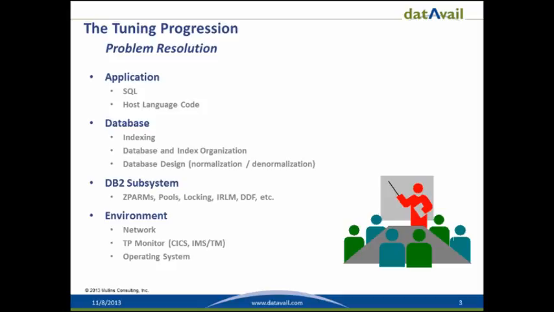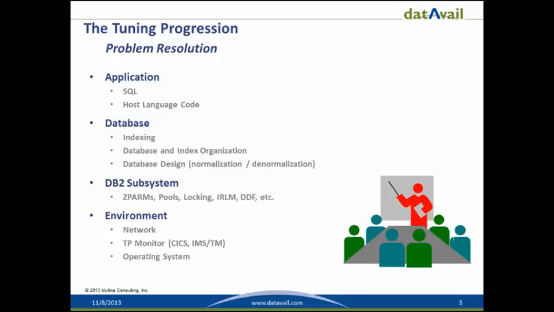If we don't find the issues there, we move to the subsystem: the zparms, memory, locking, IRLM, those types of issues. After that, we've exhausted the DB2-specific things, but the environment where DB2 runs can also have some issues in terms of performance. So you might want to look at the way it's set up to work with the network or your transaction monitor, how you're interoperating with the web or what have you.